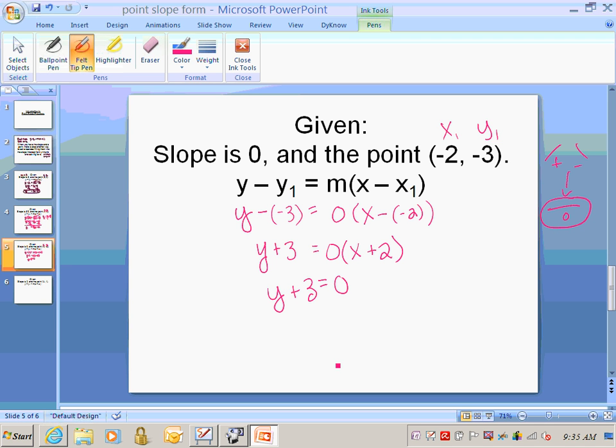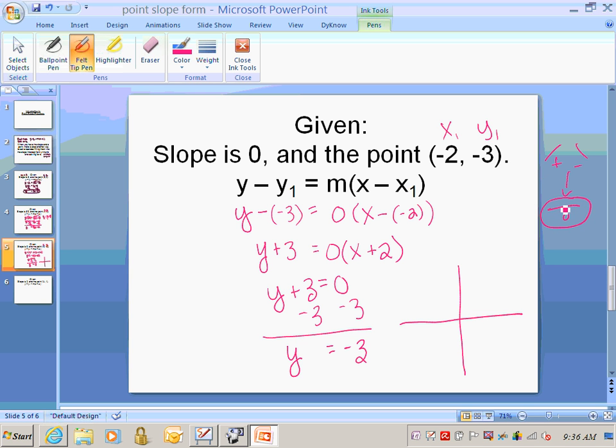Now what? You subtract 3. Subtract 3. So y equals negative 3. If I had to graph it, what would I do? Y equals negative 3. We know it's a function.